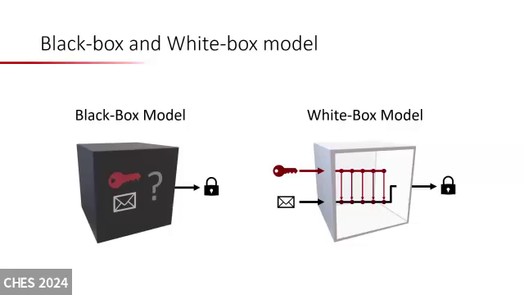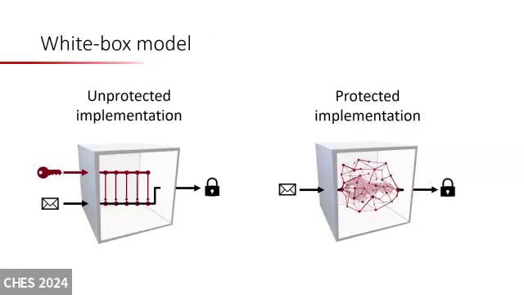And when this side channel information becomes without any noise, we have full information on the implementation, and therefore this model is called the white box model. And in this model, obviously, if the implementation isn't protected, then you can easily recover the key. So we want to protect such an implementation from an attacker that has full access to all the information of the algorithm being ciphered.